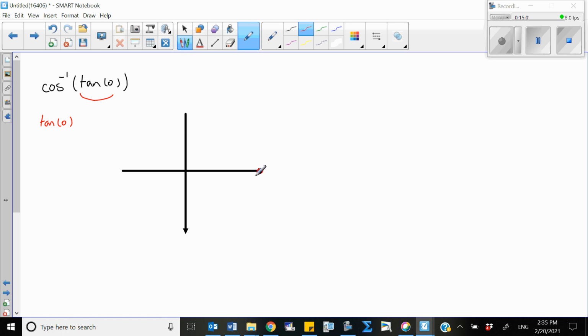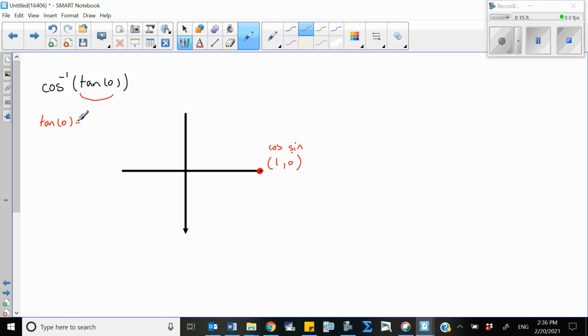So when I have a quadrantal angle, I'm going to use the coordinate of this point. And this point, if I consider this is on the unit circle, this point will be 1 and 0. This is my x and y, and we know that this is, oh, I'm sorry, the first one is cosine and the second one is sine.